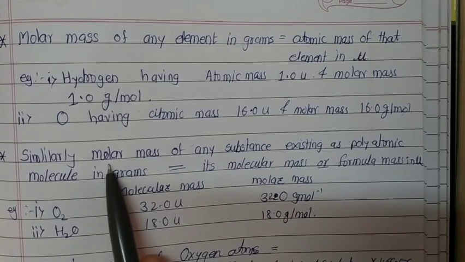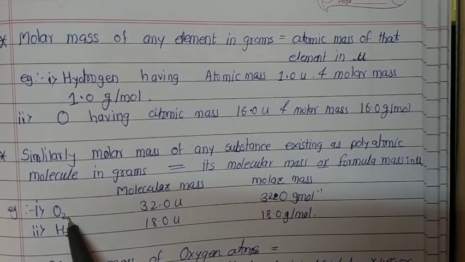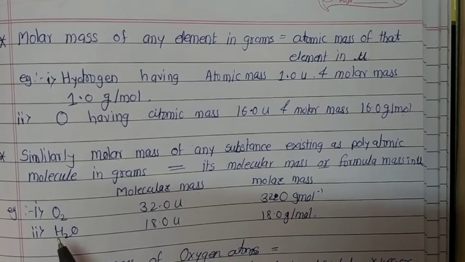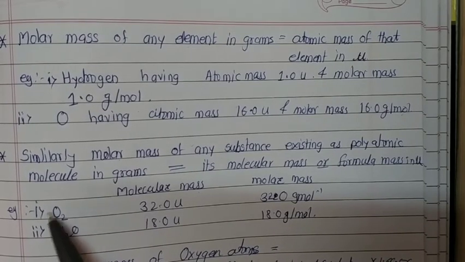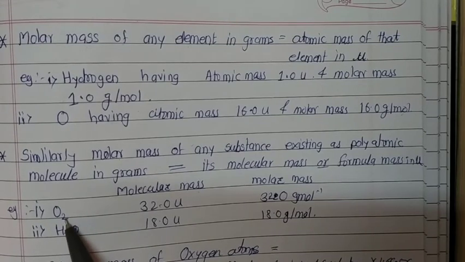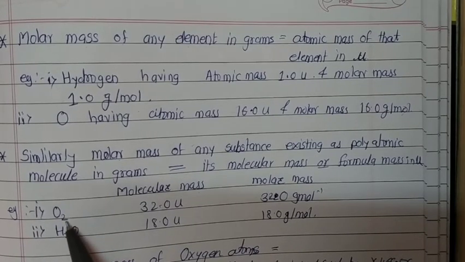An example of this is oxygen. It is polyatomic, that is diatomic, so 2 atoms are there. One molecule of oxygen contains 2 atoms, so O2.